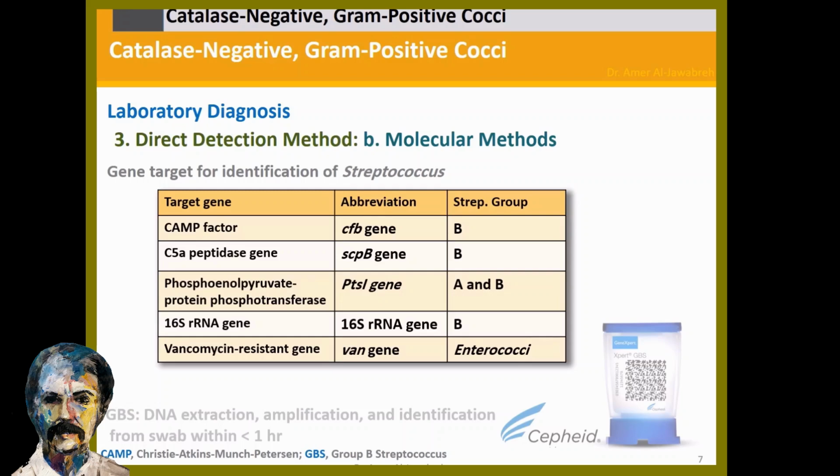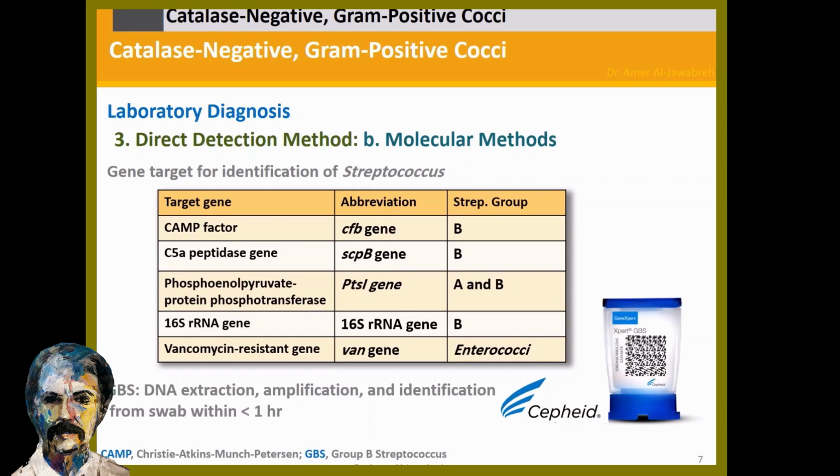There are also kits that want to save time and effort for you, which is this kit. Cepheid, this is mentioned in the book. Group B strep, GBS. It does DNA extraction, which is usually a lengthy procedure, plus DNA amplification, plus identification directly from a swab within less than 1 hour. How about this?